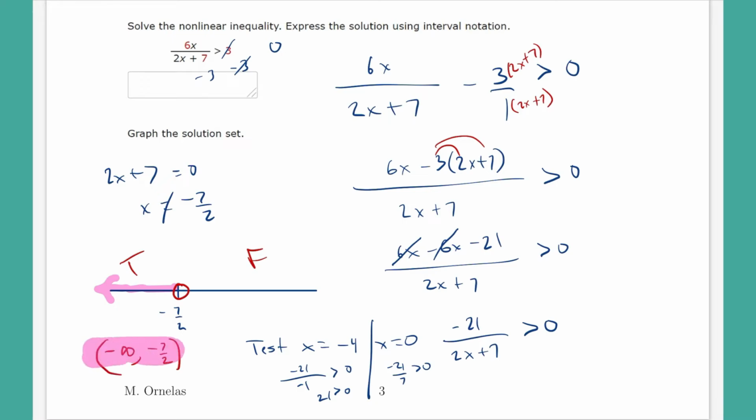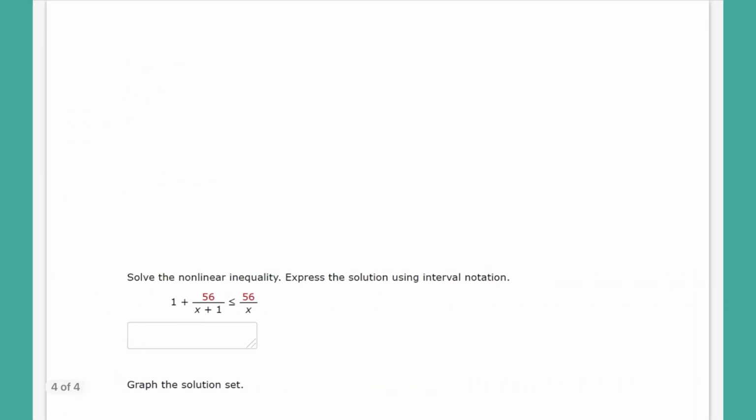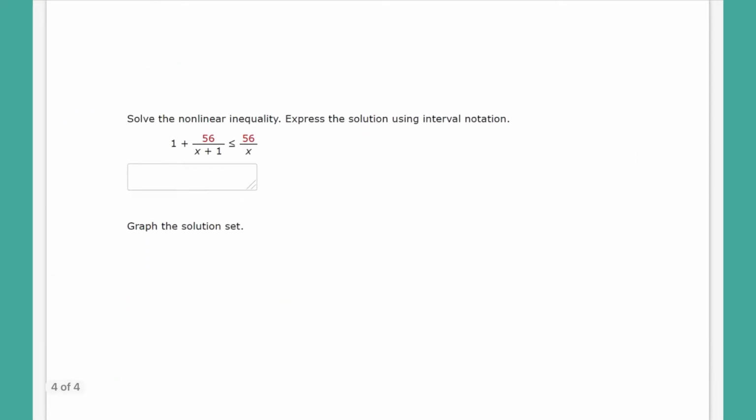All right, there's one more problem. This one is very similar to the one that we just did. Whenever you have an inequality involving rational expressions, you always have to make one side of the inequality equal to 0. So I'm going to bring this term over.